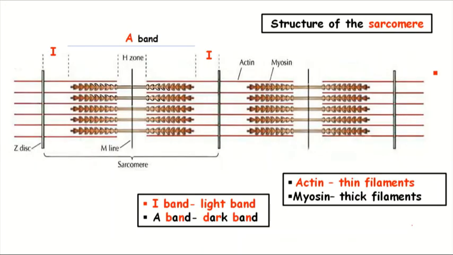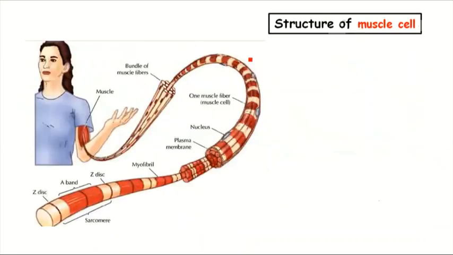So, this is the structure of the sarcomere, the contractile unit of muscle. First, see the structure of the muscle cell. Each muscle is composed of a bundle of muscle fibers, and this muscle fiber in turn is composed of many myofibrils.